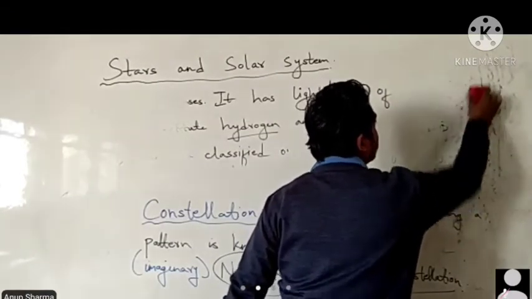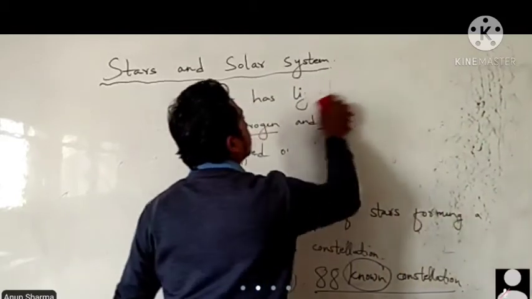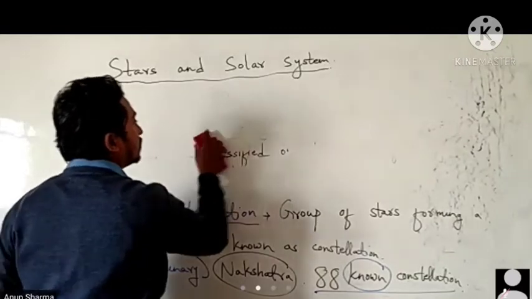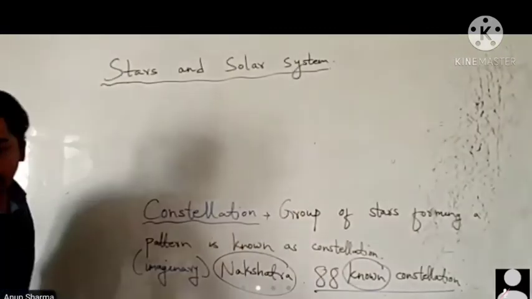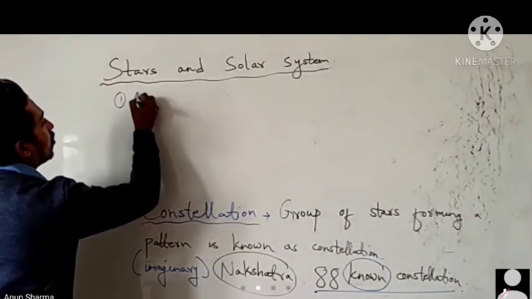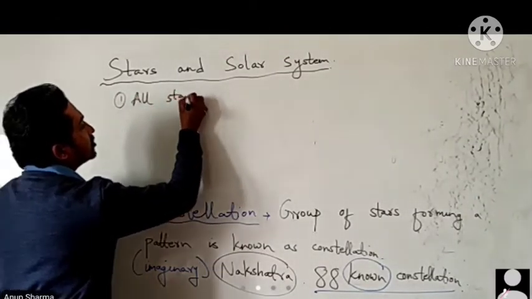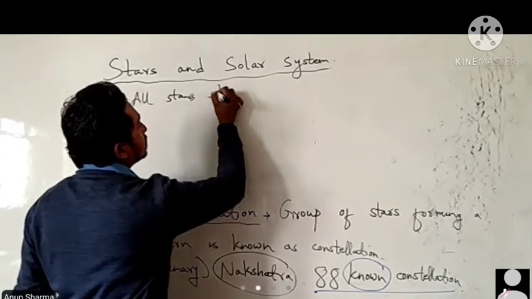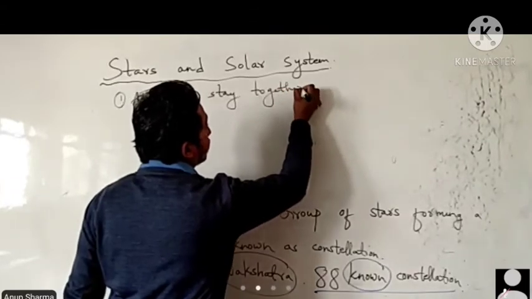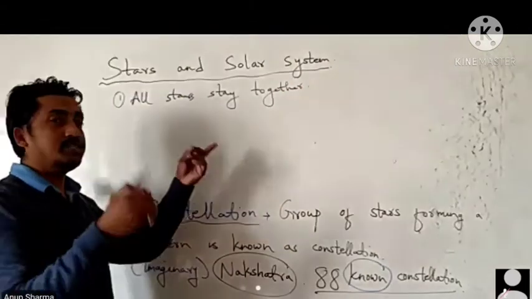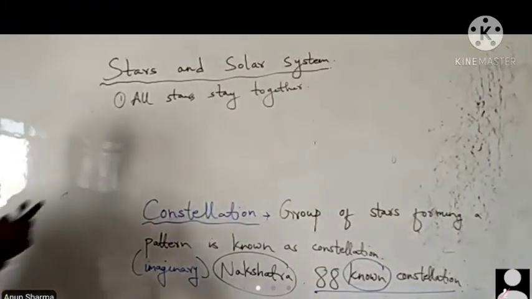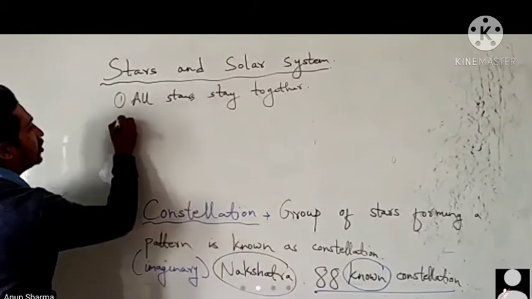Number one, all stars stay together. That means in terms of a constellation they stay together, remaining at a fixed point.